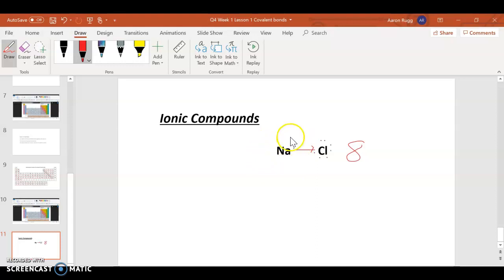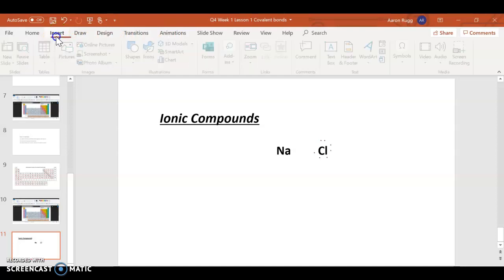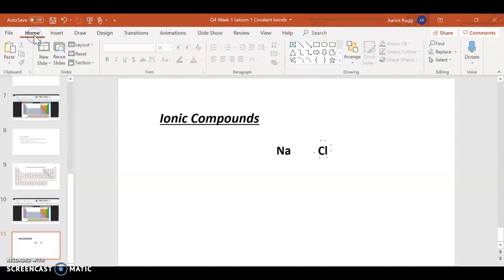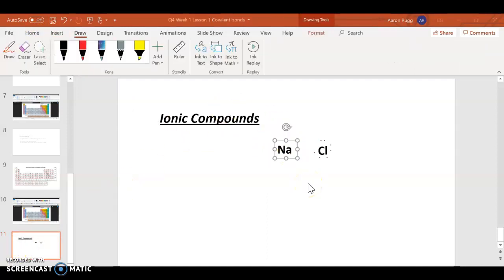So how do we do a Lewis dot structure for an ion? Okay. Remember we talked about the brackets. Okay. Let's get rid of that. So I'm just going to move this closer. Oops.